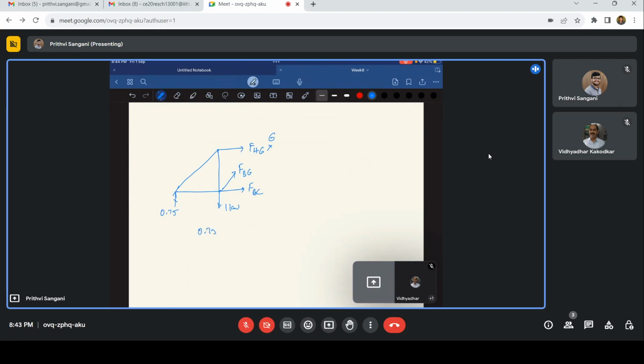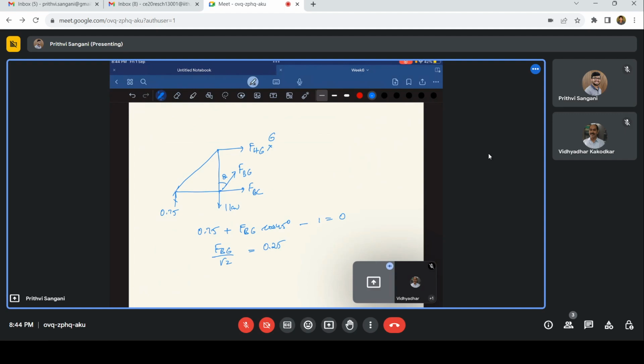So 0.75 plus FBG cos 45 minus 1 equals 0. So FBG times square root of 2 is 1 minus 0.75, that is 0.25.